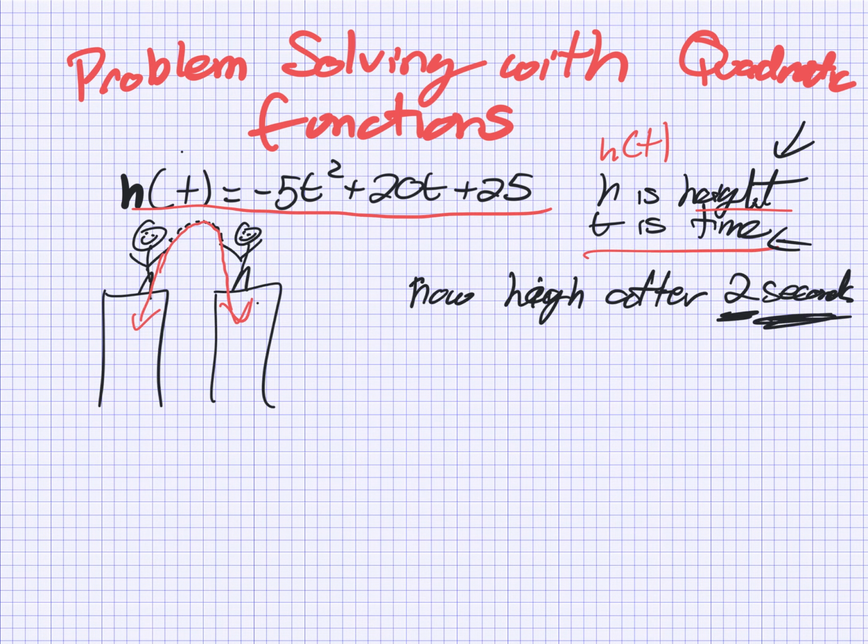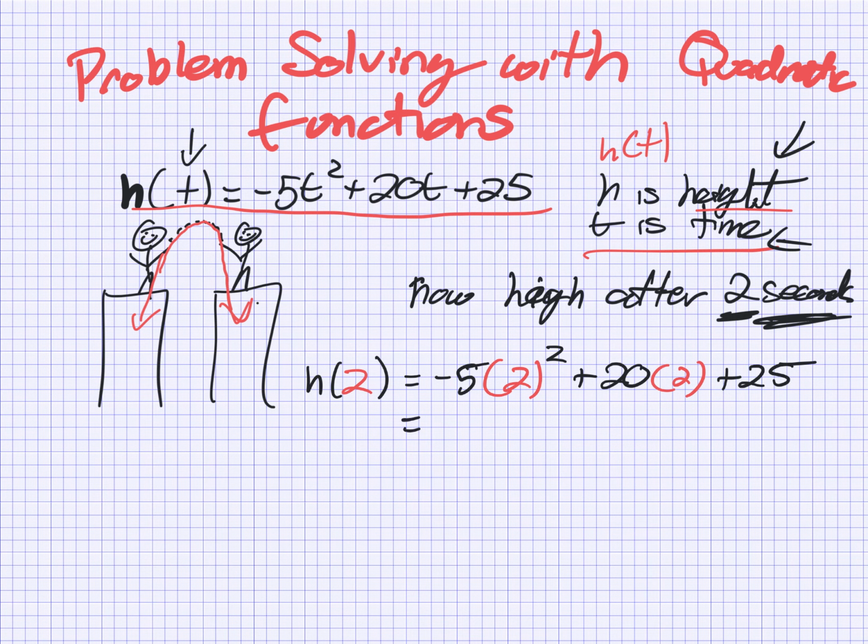And time, yeah. They've given us a unit of seconds, so we know we're given time. And because of the function notation, we know we're replacing t in that equation. So instead of h(t), we're going to say h(2), because that's 2 seconds, is equal to negative 5 times 2 squared plus 20 times 2 plus 25.